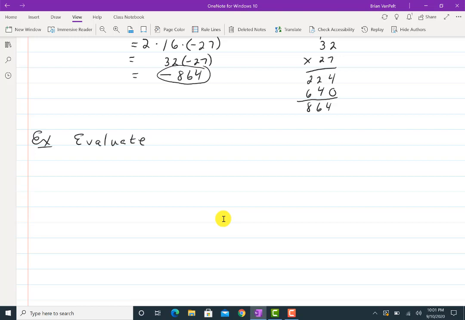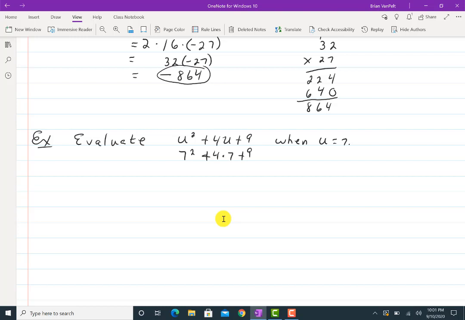Here I'm going to evaluate u squared plus 4u plus 9 when u equals 7. So when I do that, I'm going to get 7 to the second power plus 4 times 7 plus 9.